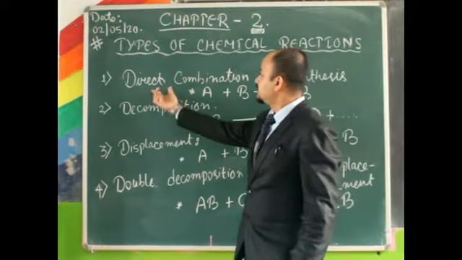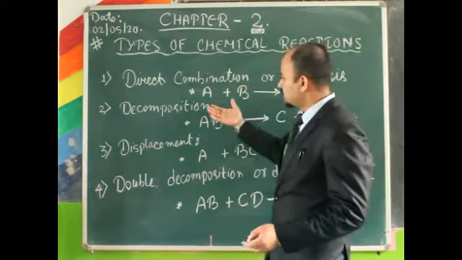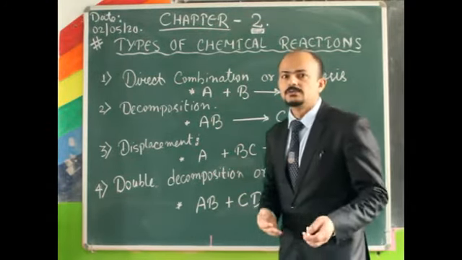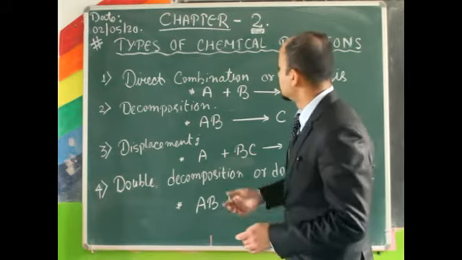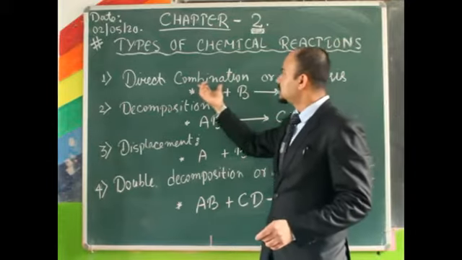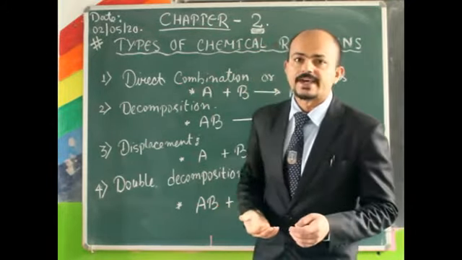So, direct combination. Let's discuss them in short first, after that we will be discussing them in detail. In direct combination or synthesis, the term combination itself says about such types of reactions.